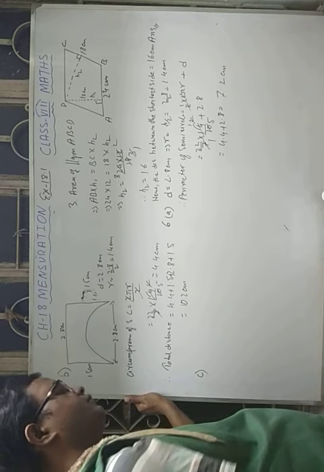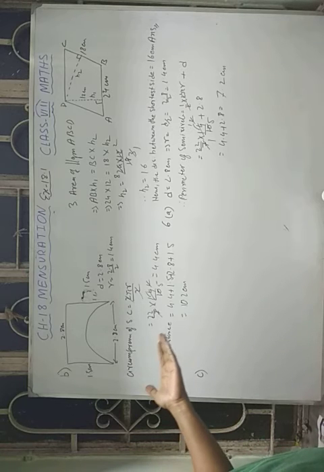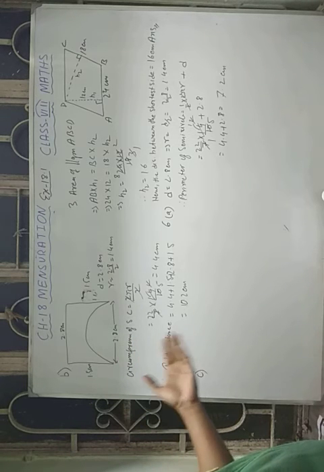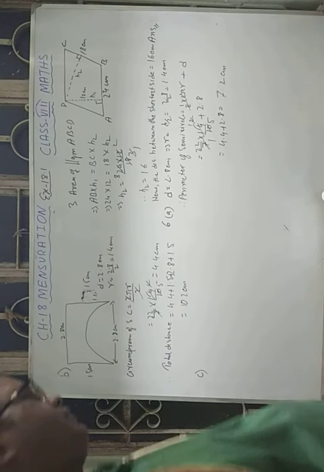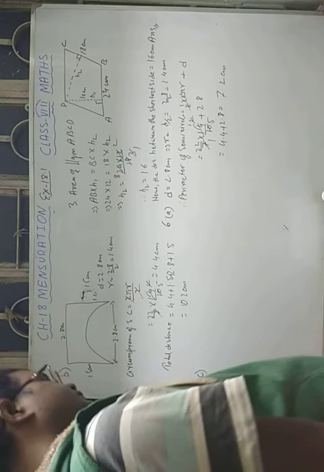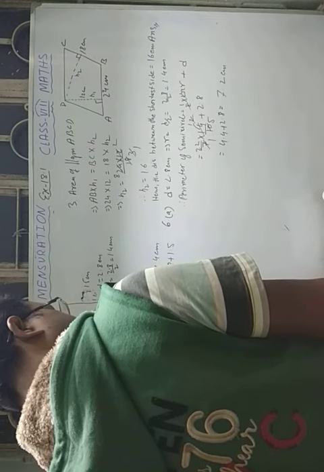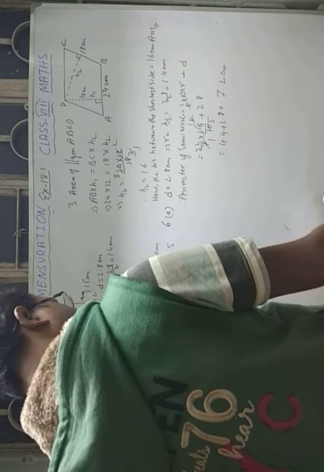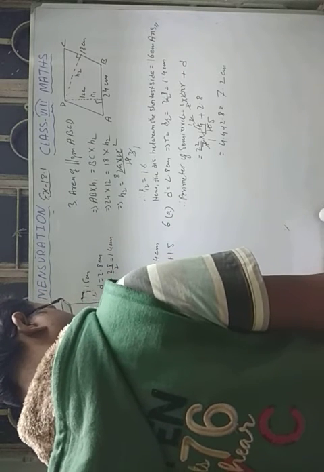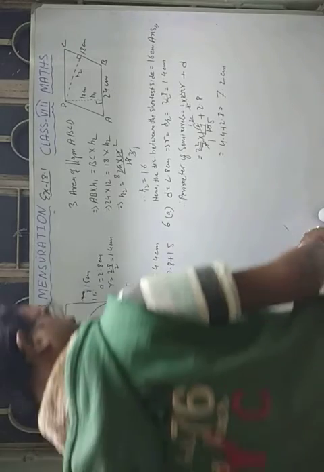Why have I taken this question? Because in this question we are mainly finding the circle portions. So that's why I have chosen this question. The next question, I will do this over here.